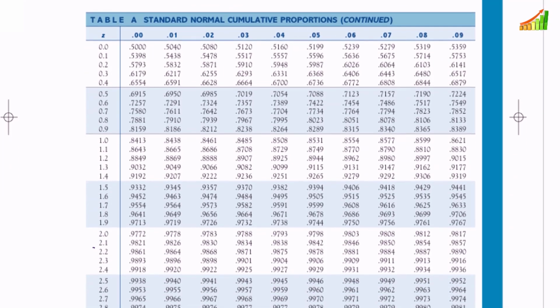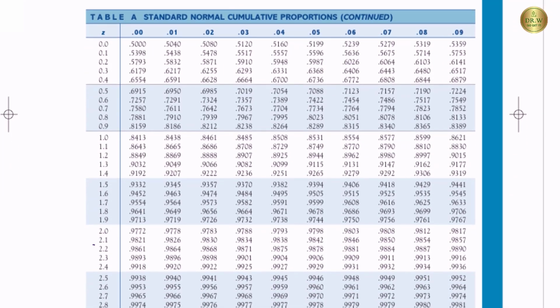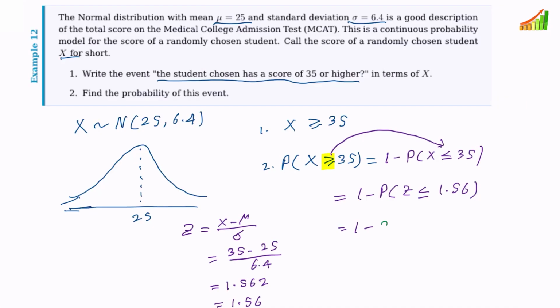So 1.56, 1.5 here and 6 is here. Therefore, the number at the intersection is 0.9406. Then 1 minus 0.9406 is 0.0594.